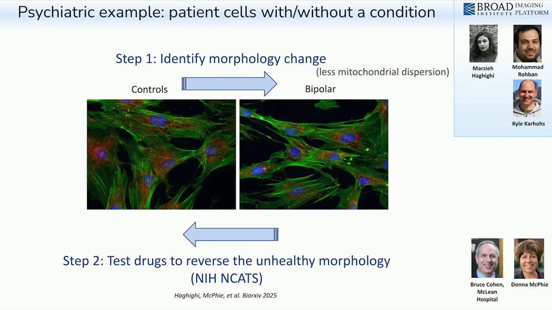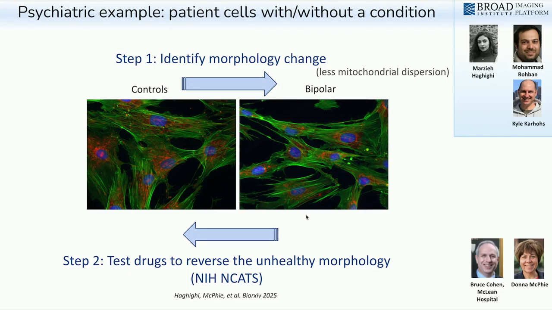And Donna McPhee together, they have painstakingly collected patient samples over many, many years, ultimately looking to see, for patients that experience psychosis, which includes bipolar, schizophrenia, and so on, do we have any morphological change? So growing these patient samples was super tedious, but they did manage to find a phenotype that's associated with psychosis.